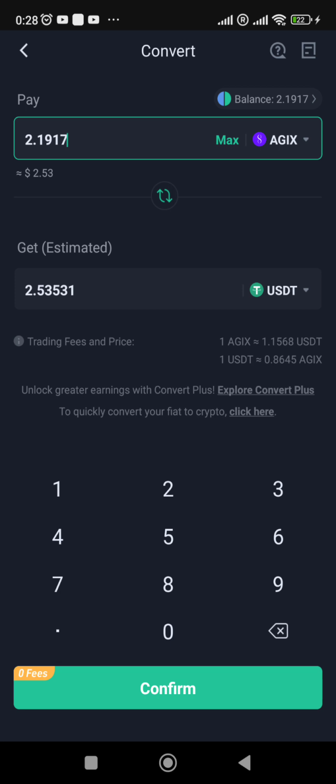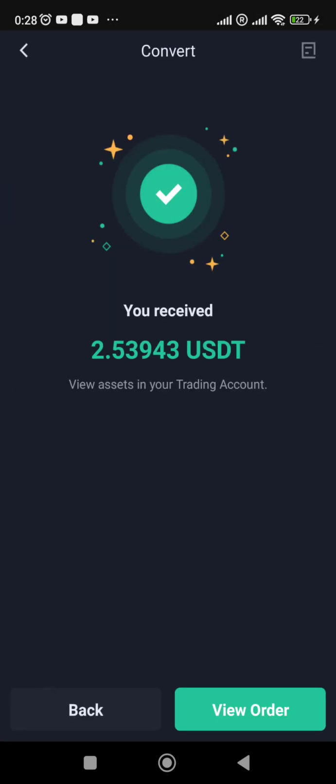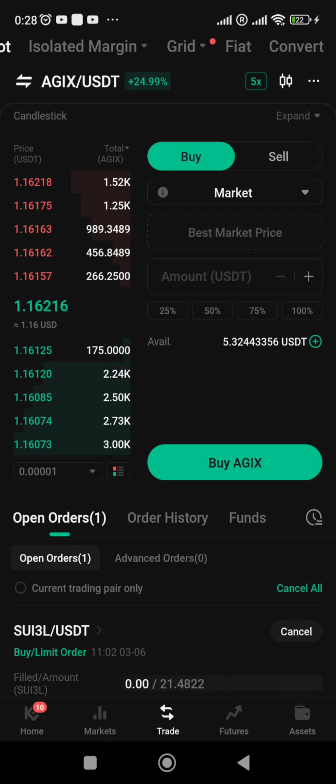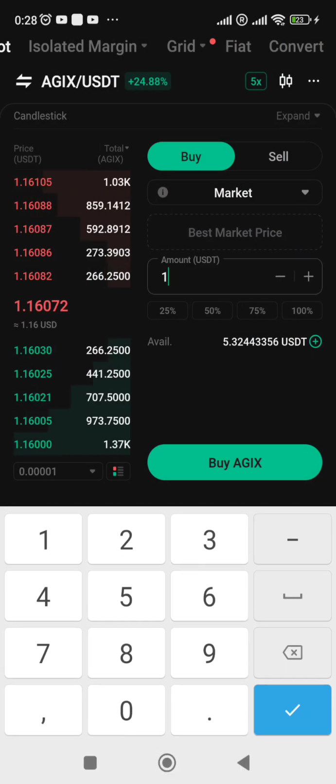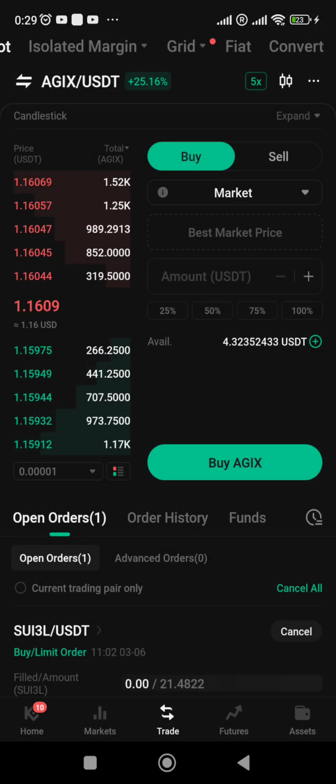It will show you how much you get in USDT, 2.53, and convert it. Press confirm, and you have received 2.539 USDT. Then I go back again and buy 1 USDT of AJIX. And I'm done. So that's that about that.